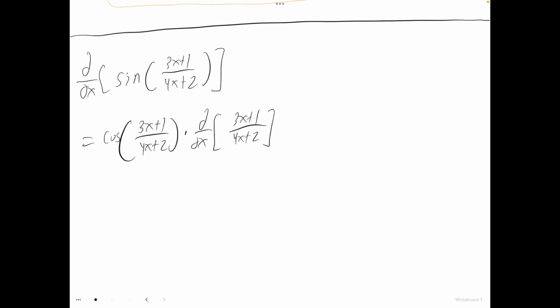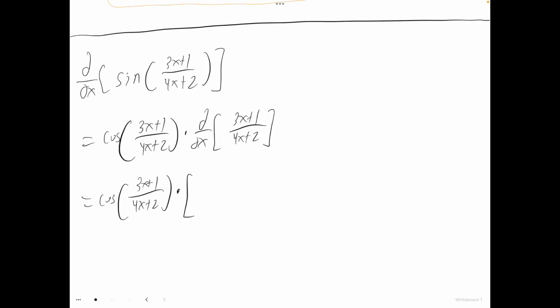So it's the derivative of the outer function, which was sine. So we get cosine of the inner function, which is (3x plus 1) over (4x plus 2), times the derivative of our inner function of (3x plus 1) over (4x plus 2). So we have cosine of (3x plus 1) divided by (4x plus 2) times the derivative of our function.